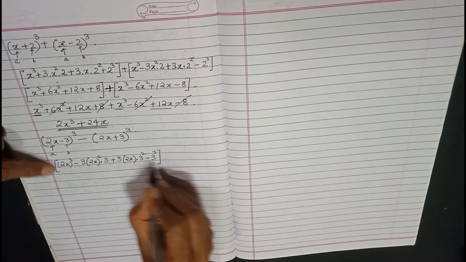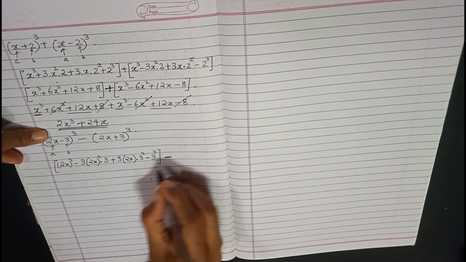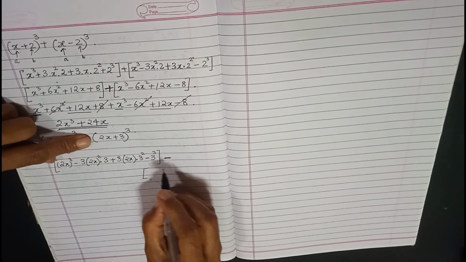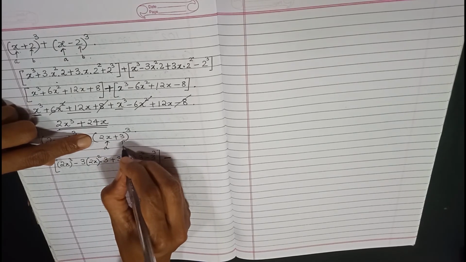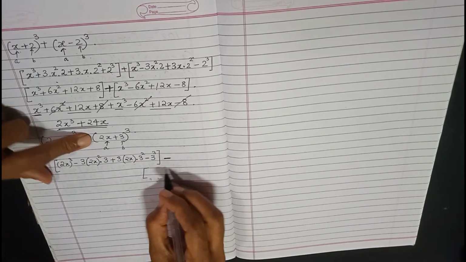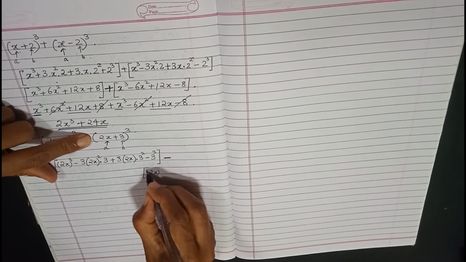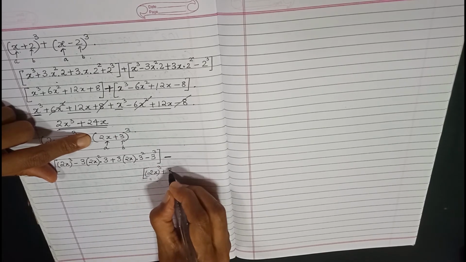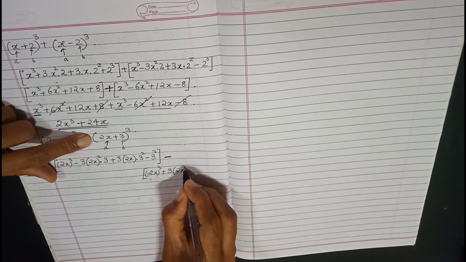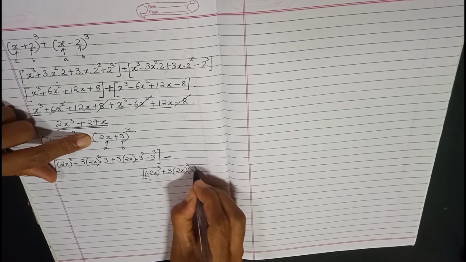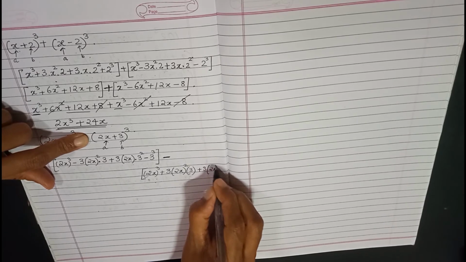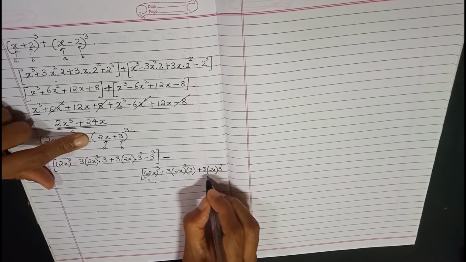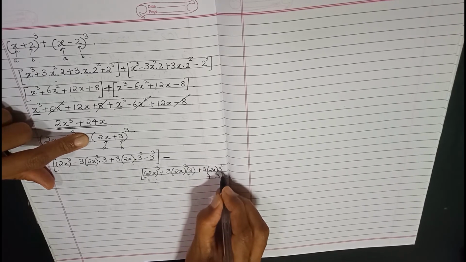So this is the first bracket. Now after a minus sign, I will open the second bracket. Again, wherever there is a, I will be writing 2x, and wherever there is b, I will be writing 3. So a³ + 3a²b + 3ab² + b³.